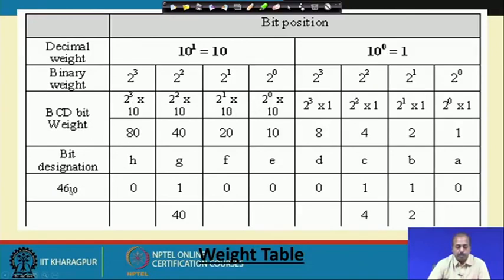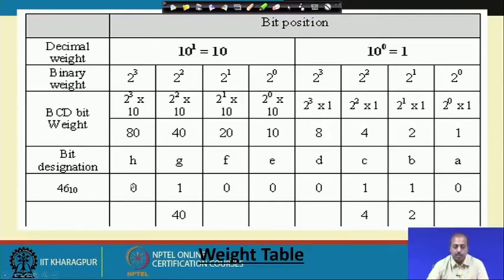Now, for example, take this 46. It has got 0, 1, 0, 0. The 4 is represented by the first 4 bits and the 6 is represented by the next 4 bits, and the first 4 bits have a weight of 10.